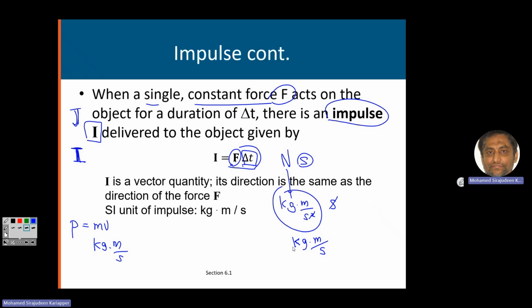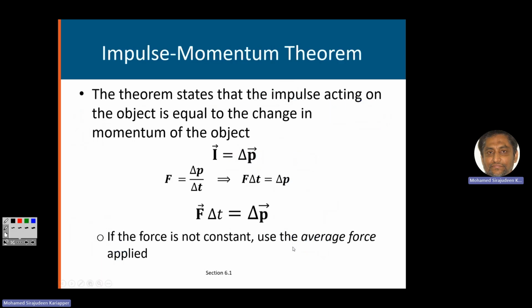Then we defined the work done by a constant force. The unit is also joule. Something similar is happening here. We define the momentum. Its unit is kilogram meter per second. Now we define the impulse. Its unit is kilogram meter per second. So impulse and momentum have the same unit. Good. All right. So just remember that.